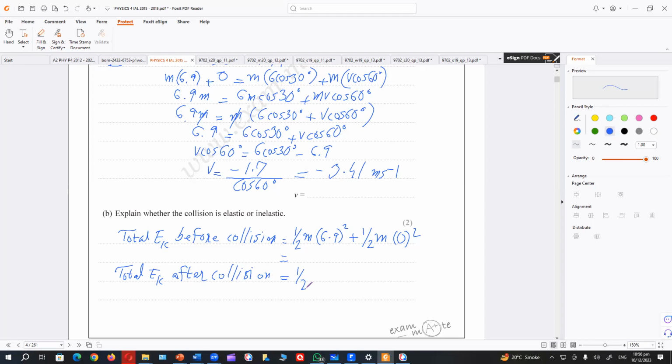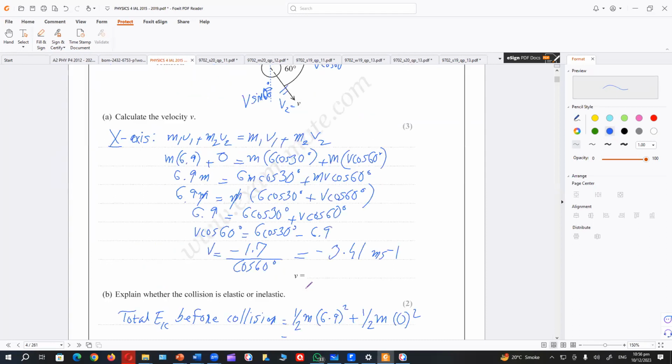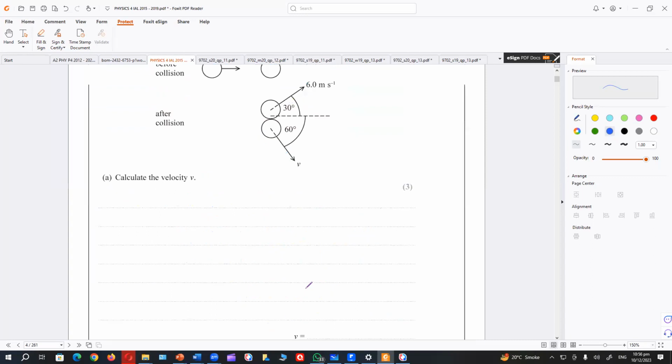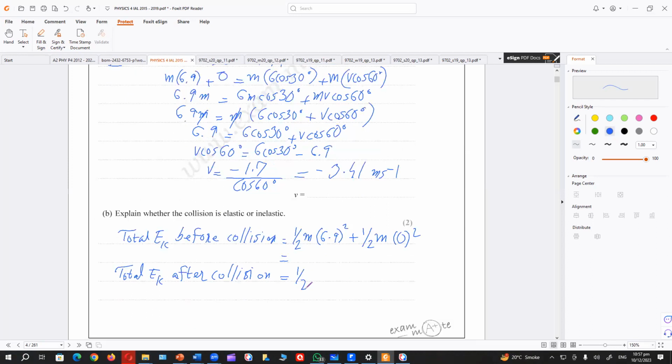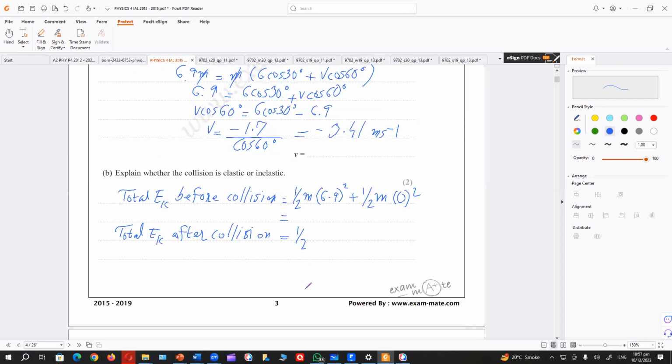After, half m, one is moving at 6, one is moving at 3.41. Can you help me with this calculation? Answer can be given in m, no problem. So should I just cancel out the m's? No need to cancel them, because I'm not equating them. In terms of m, we can compare now.